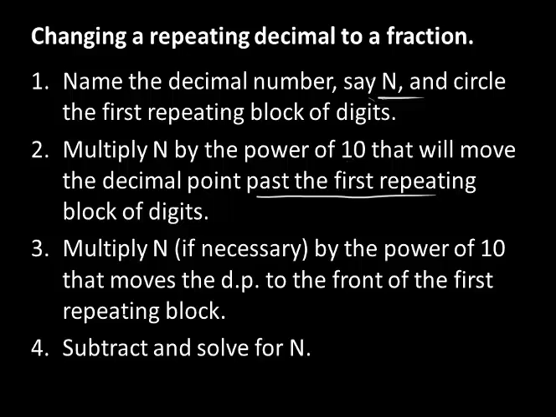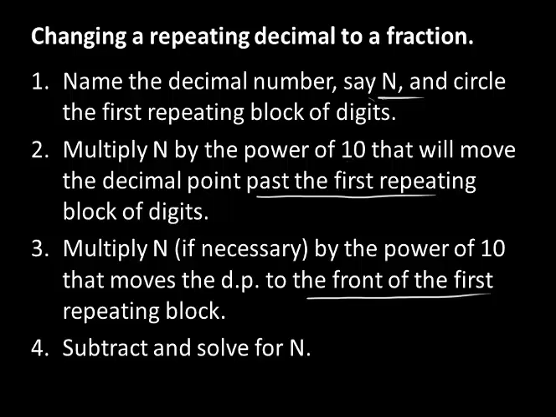In step 3, I'm going to subtract a number that I made by multiplying by the power of 10 that moves the decimal point to the front of the first repeating block. In example 1 and example 2, I didn't have to do that. I just subtracted n.